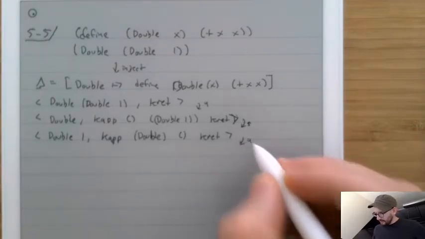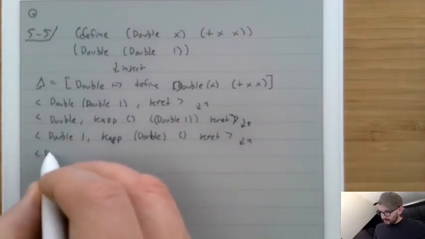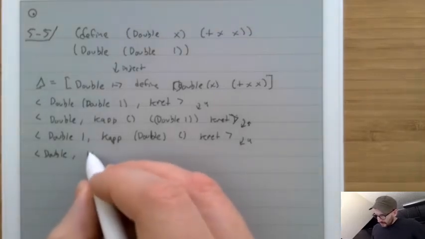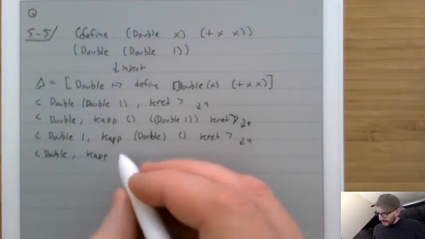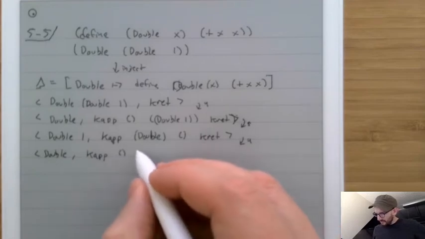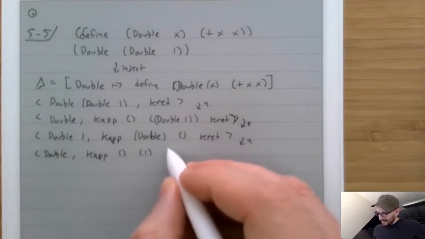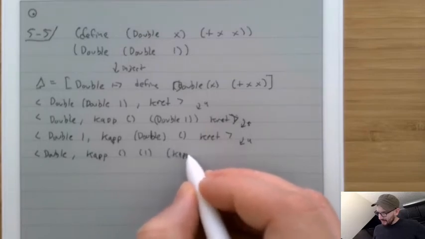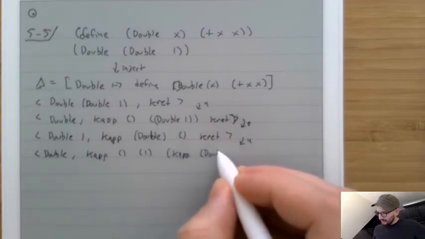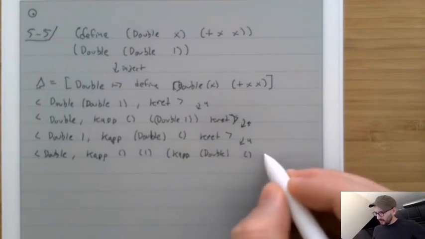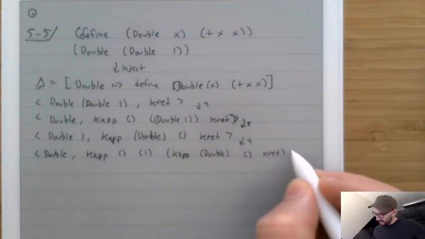Then we use rule number 4, and we look at double. Remember, double is a function name, so therefore it's a value. Then we have k-app, no variable so far. First argument is 1, and then inside that we have another k-app that has the function value double, no more arguments, and then the k-ret.